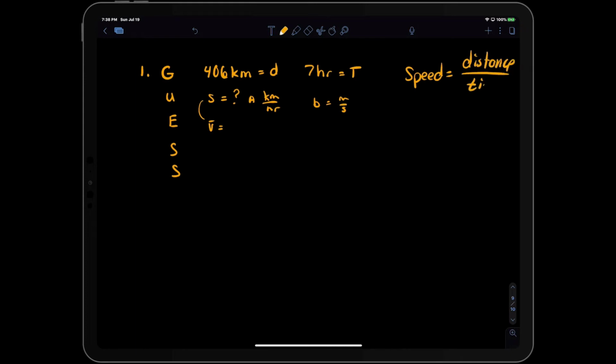Okay, so we'll plug these in. We have distance over time for this. Our substitute, you have 406 kilometers in a time frame of 7 hours. So if we plug that into the calculator, and you need to check me also when I'm doing this, we come up with a velocity of 58 kilometers per hour.